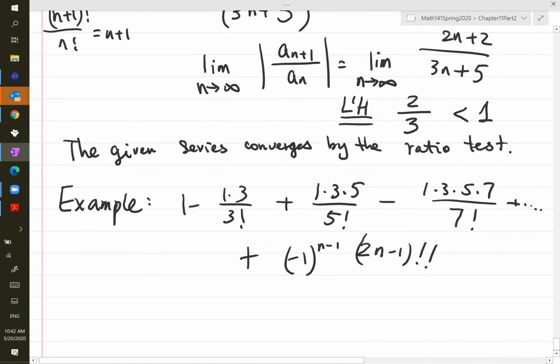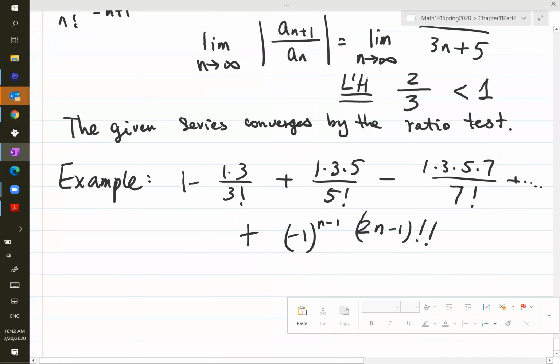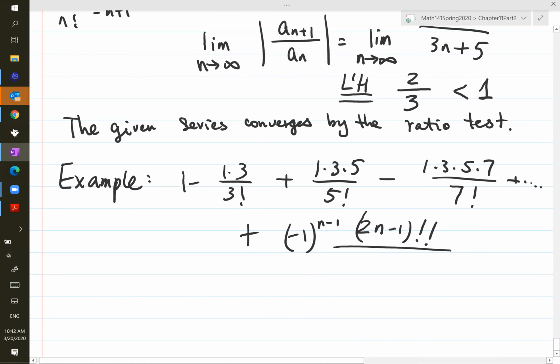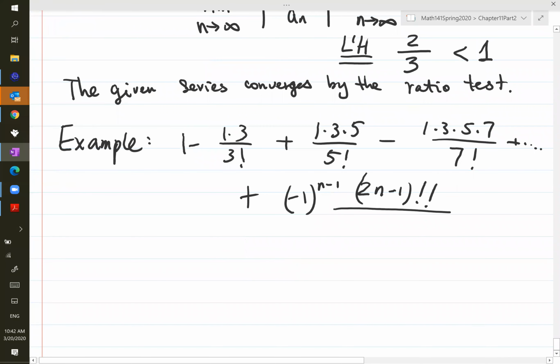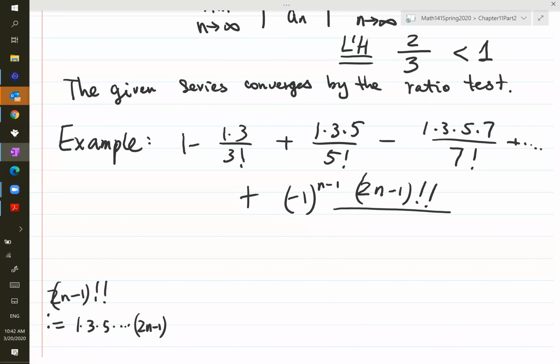Double factorial means the step length is 2. It doesn't mean factorial of a factorial. (2n minus 1) double factorial is defined as 1 times 3 times 5, etcetera, up to 2n minus 1, the product of odd factors, over (2n minus 1) factorial.